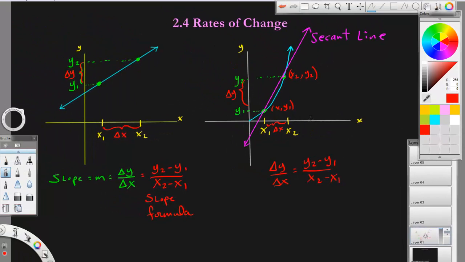But if we call these 2 points, these green points here, maybe point P and point Q, that's usually how it's done.